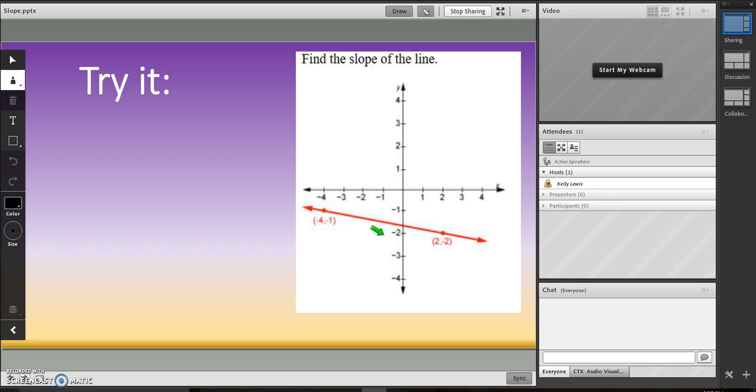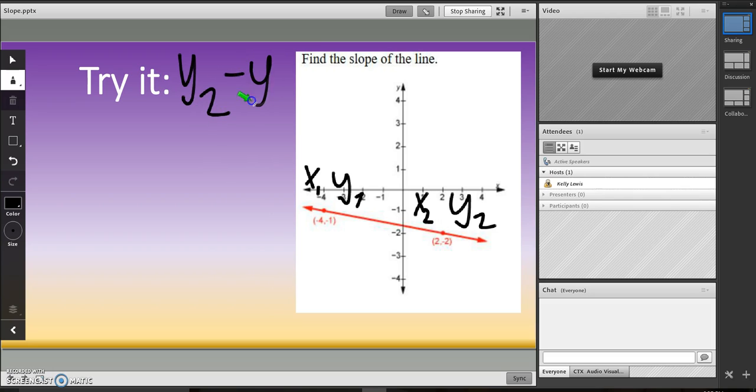Okay, so here we are. X, y. So negative 4 would be x1, negative 1 would be y1. Then x, y. So x2 would be 2, and negative 2 would be y2. Formula, y2 minus y1, x2 minus x1.